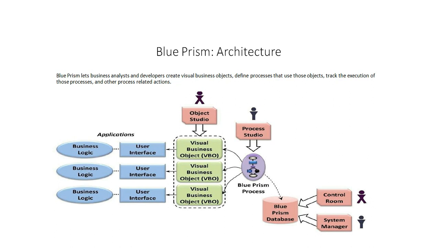Once you find your object, you can go to the process studio where you have some coding. You can define your process, and whatever process you define will go to your database automatically. Whatever you do with your coding or with the result, it will automatically be stored in our SQL Server. How it works is controlled by our control room, another component, and the system manager. They help us generate the reporting system. So this is the entire structure we'll work around.